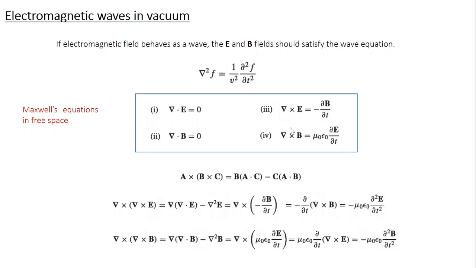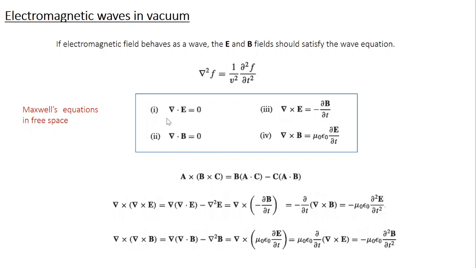The same procedure you repeat for the fourth equation. Apply curl, you get curl of curl of B, which is equal to del times del dot B minus del square B, equal to minus mu naught epsilon naught dou square B by dou t square.